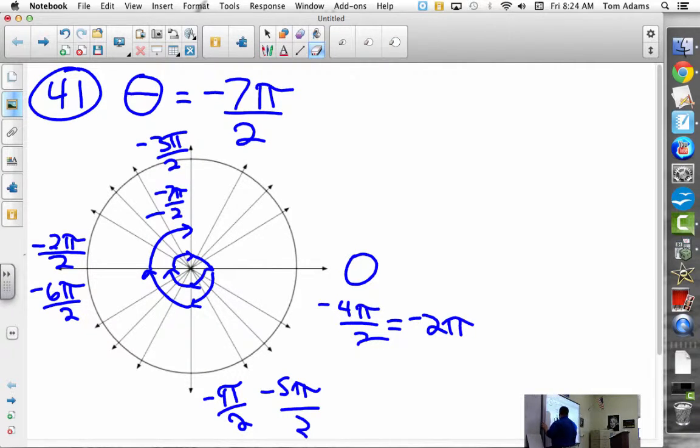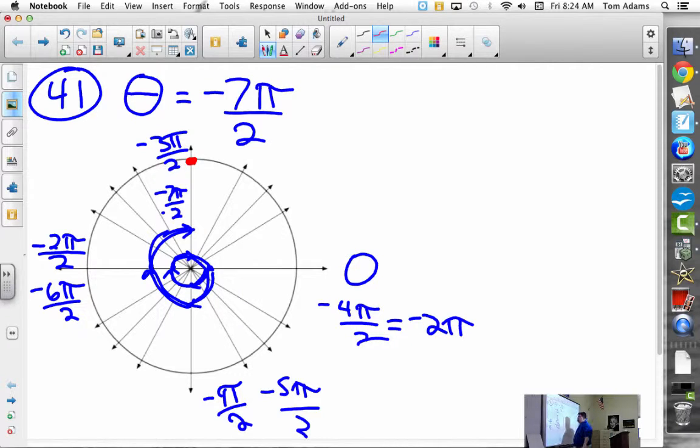Whoops. I don't know why I wrote 2 negative numbers. Okay? So I went 1, 2, 3, 4, 5, 6, 7 halves. Right? Half pi, which is really a quarter of a turn, right? Well, the reference angle then would be this.